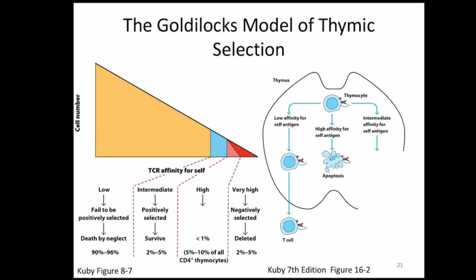But now let's imagine the other side of this. Let's imagine that you are a T cell who has made a T cell receptor that binds to nothing in the thymus. You get absolutely no signal in the thymus because you bind nothing.